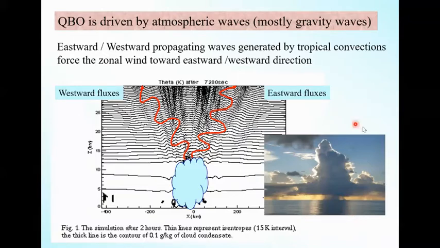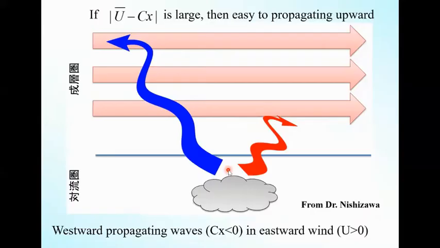The QBO is believed to be driven by atmospheric waves, mostly gravity waves. Here is a picture of the cumulus convection in the tropics. Cumulus convection generates both westward and eastward waves, which carry westward and eastward momentum flux. I will explain a very brief mechanism of the QBO.